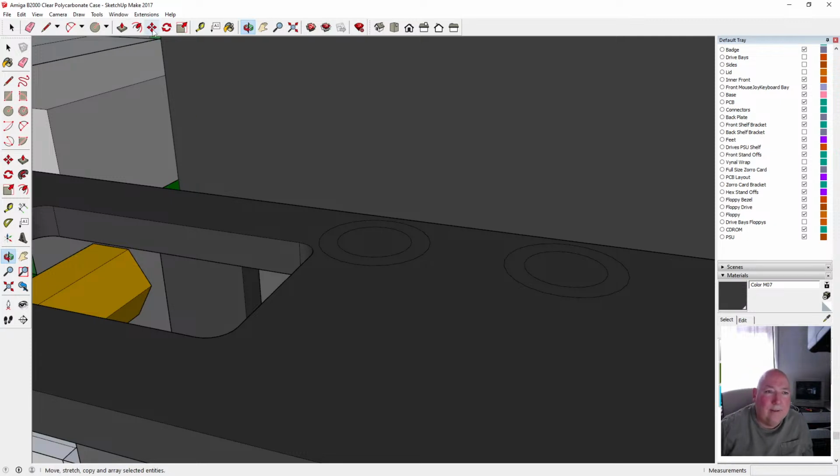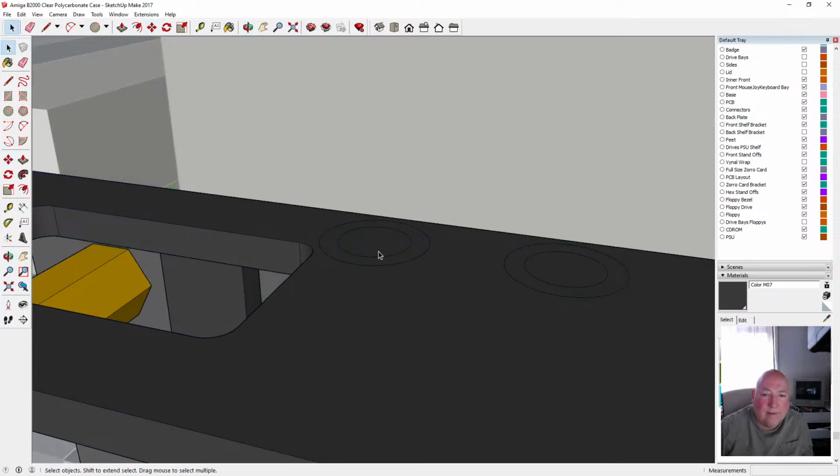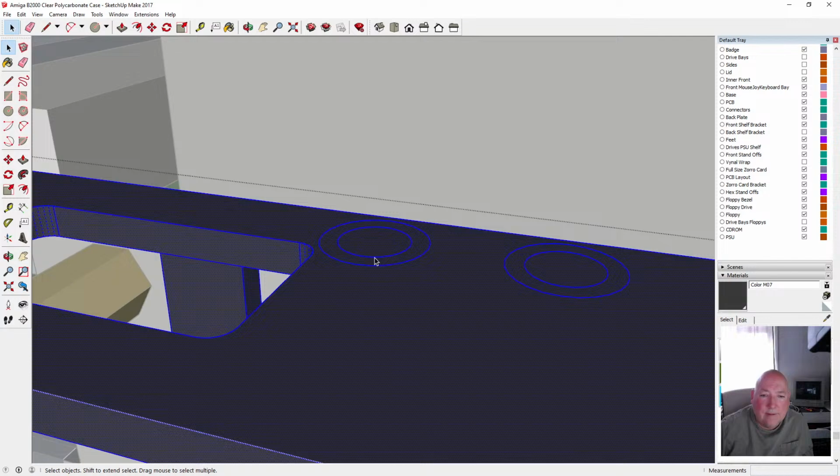So should be able to grab that now. No, maybe we've got to make a hole first, so let's push this through first. Oh, it's crashed. Oh God, sorry. It's crashed.